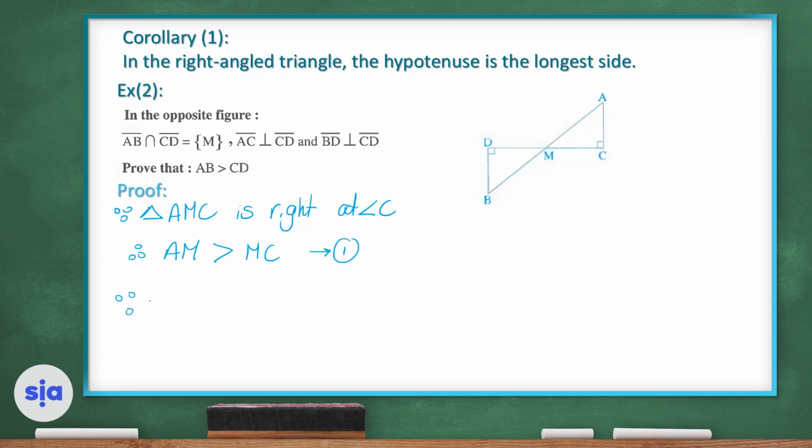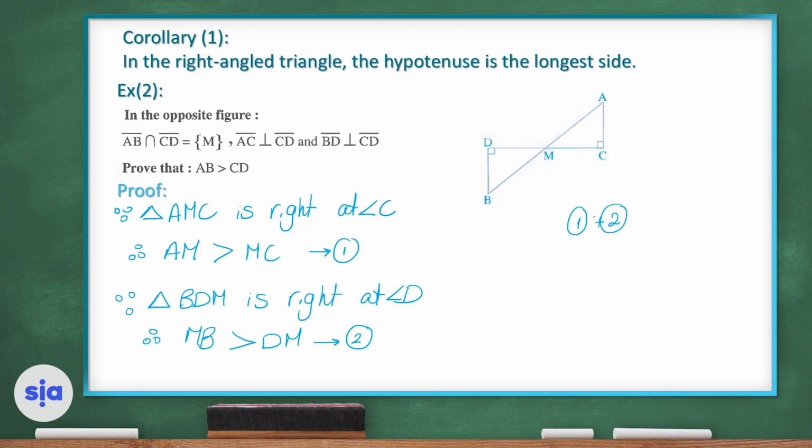Second part, since triangle BDM is right at angle D, therefore MB, which is the hypotenuse, is greater than DM. So if we add 1 and 2 together, therefore AB is greater than CD.